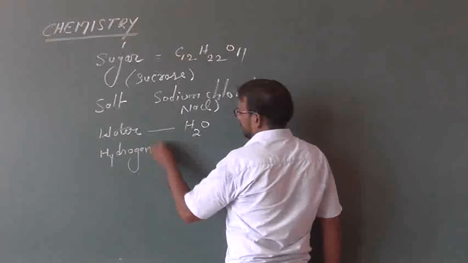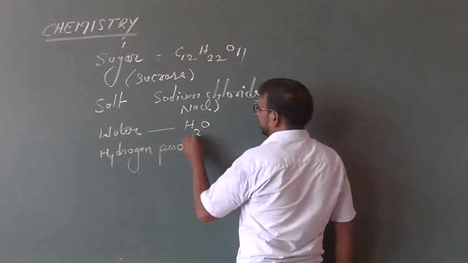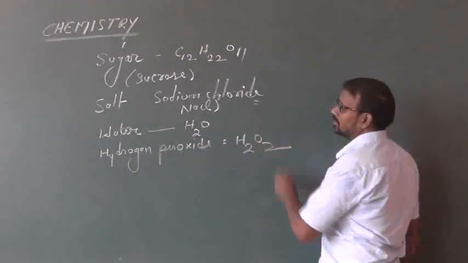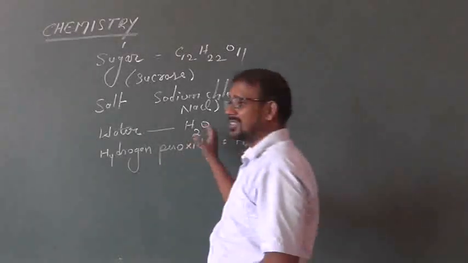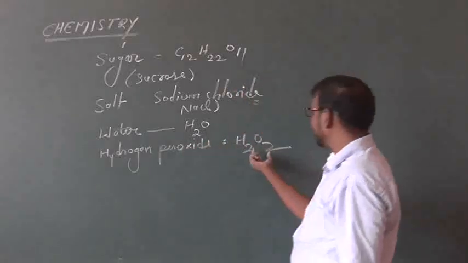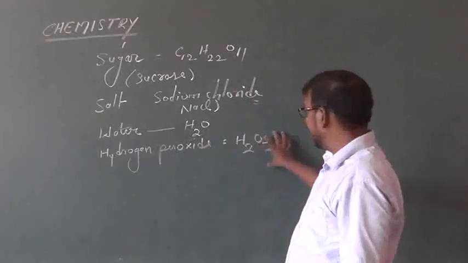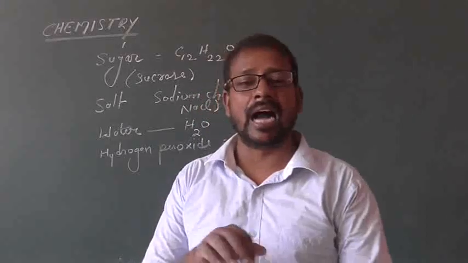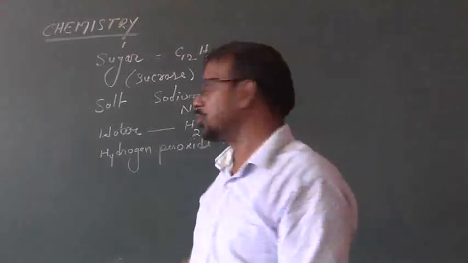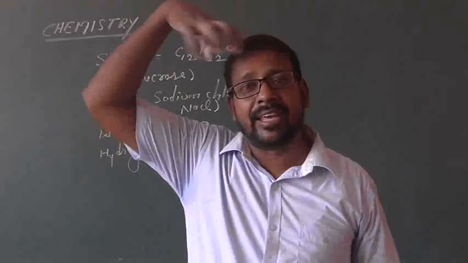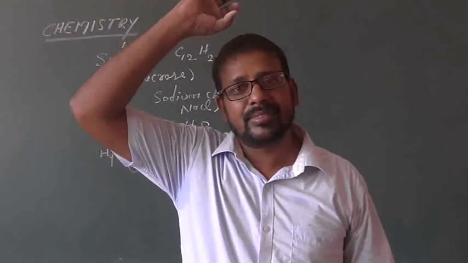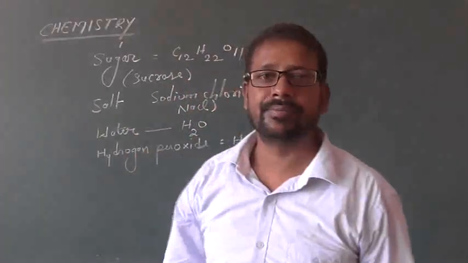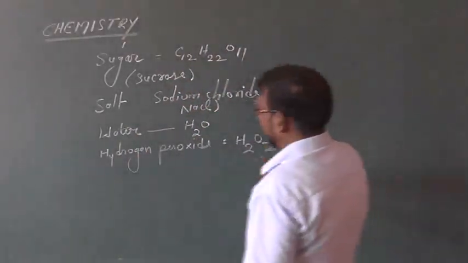The formula is H2O2. You can see it is mostly similar, but here O2 is there. It cannot be used for drinking. It is used to clean our wounds. It is used in dye to color our hair. That is hydrogen peroxide.